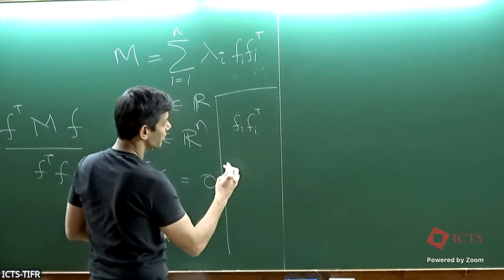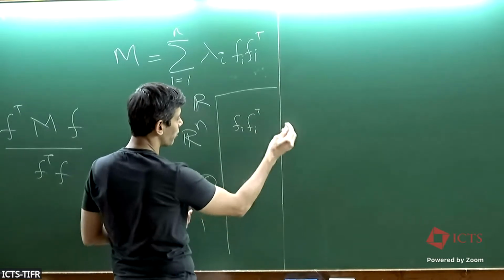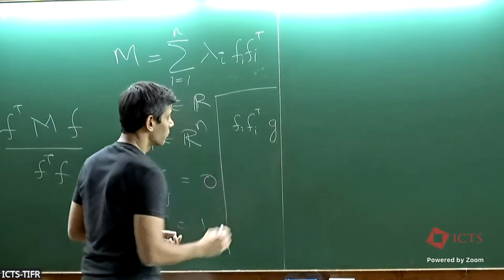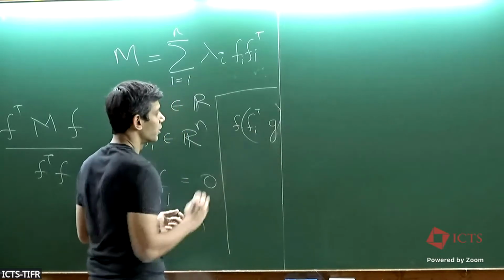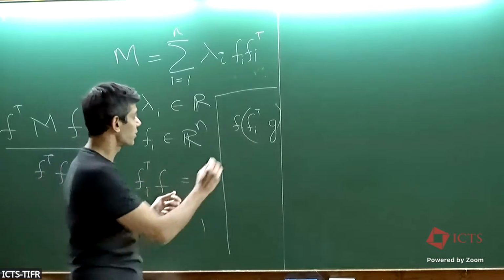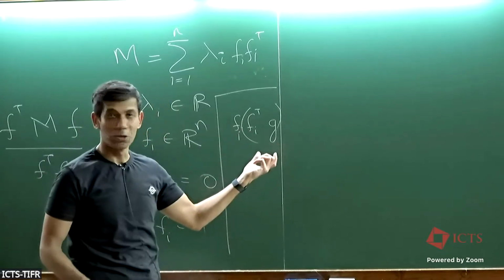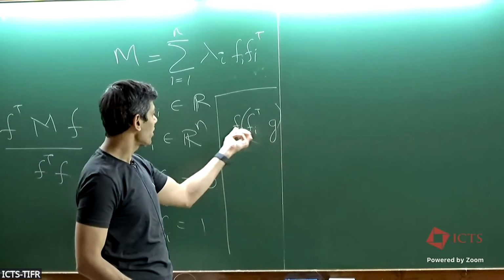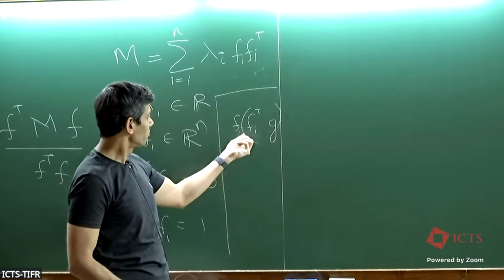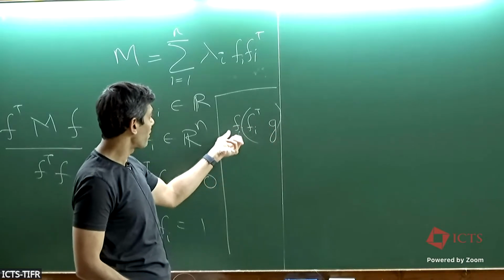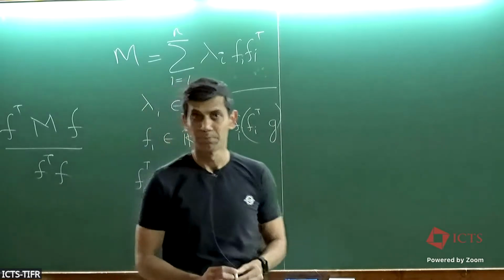When you multiply it with some other vector, let's say g, you just get the dot product of f i and g, and you get f i times that number. So all it does to any vector g is give you a scaled copy of f i, where the scaling is precisely the dot product.